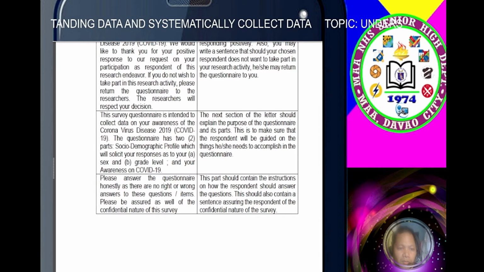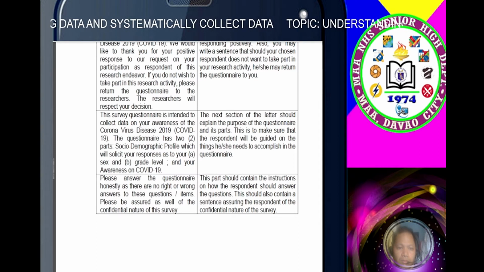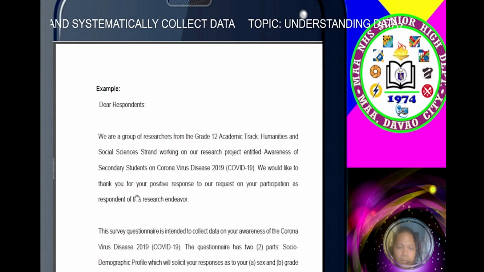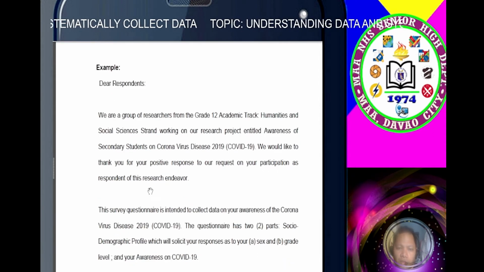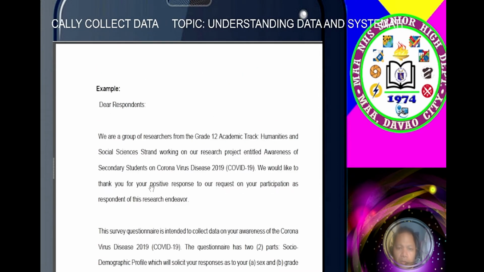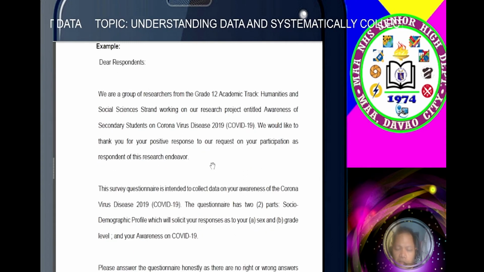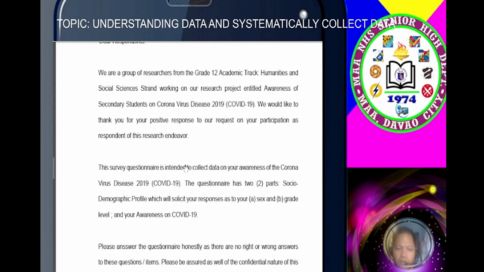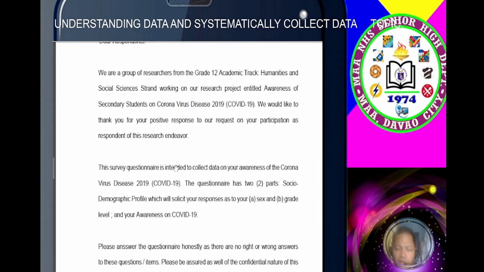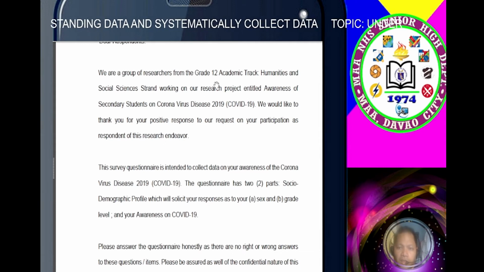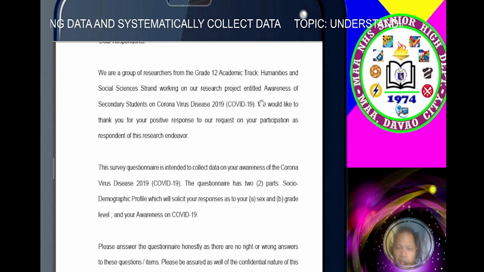This is an example of the informed consent. Respondents, just read this example. In your study, there's already a format, so just change the necessary things like your grade level and the title of the study.